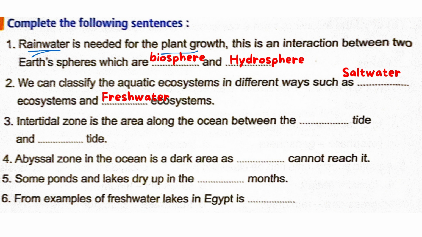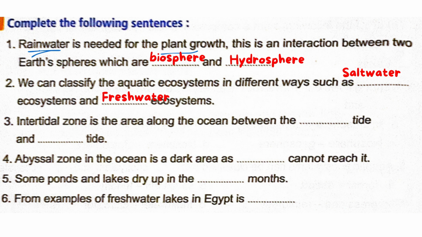Okay, so let us move to the third question we have. Intertidal zone is the area along the ocean between the, we have two tides. The intertidal zone is the area along the coast that disappears underwater at high tide and appears at low tide.